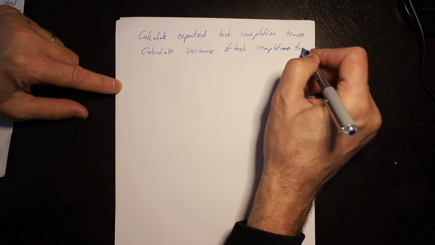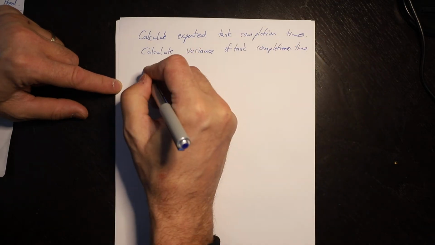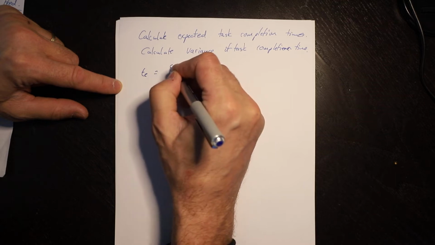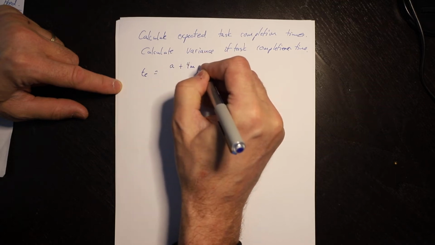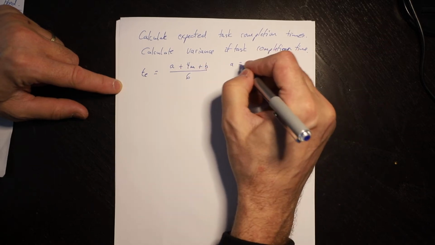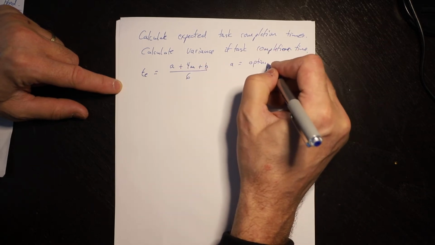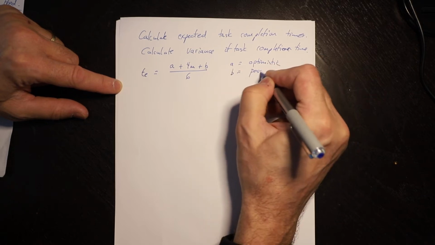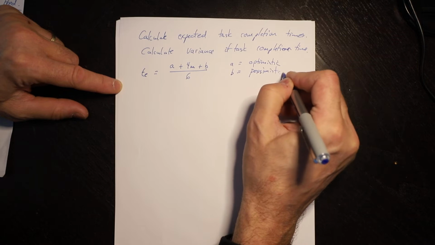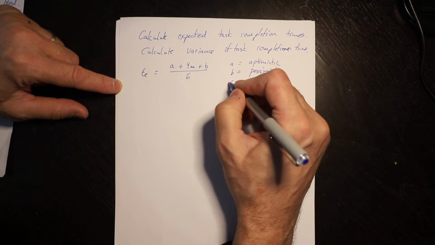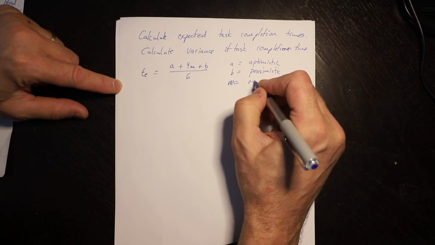The formulas are: expected time is (A plus 4M plus B) over 6, where A is optimistic, B is pessimistic, and M is most likely.